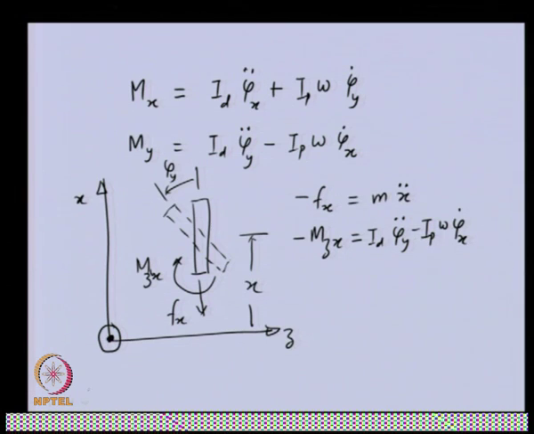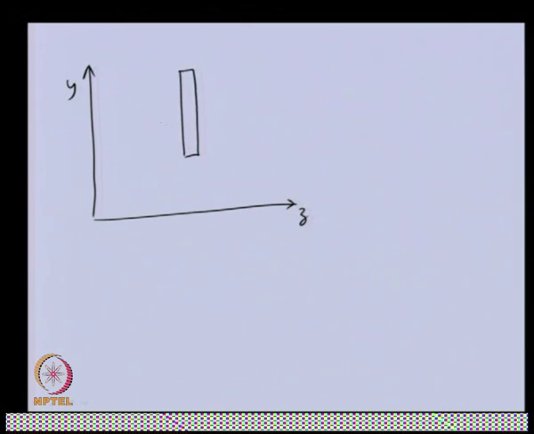On the same line, we can obtain the equation of motion in zy plane. For this, let us consider the disc having this y displacement and tilting in the positive x direction, that is phi x. X axis is perpendicular to the screen, going into the screen.